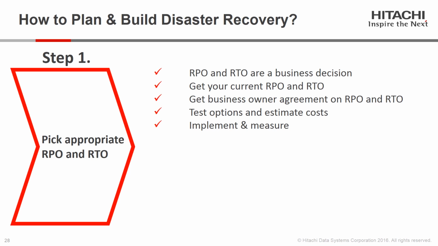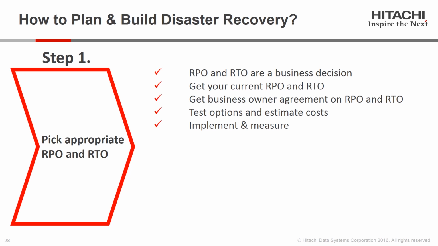The best way is to talk to the business decision makers to fully understand their applications' SLA requirements, e.g., 0 RPO, 3 hours RPO, etc. Get your current RPO and RTO. Get business owners' agreement on RPO and RTO.